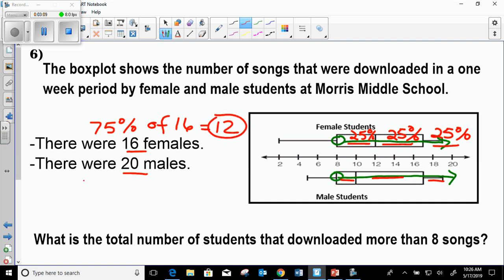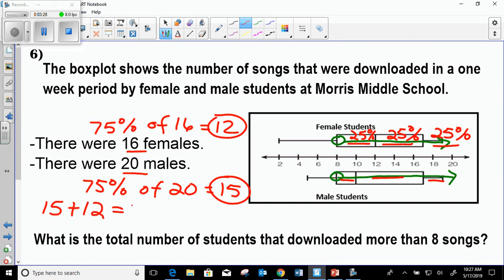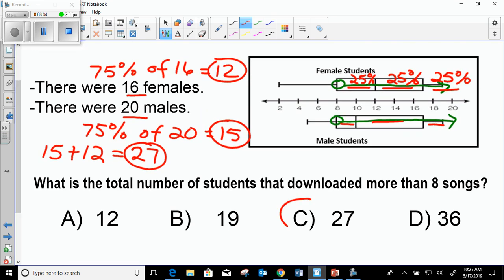And then you do the same thing for the males, which is 75% of 20 males, which is going to give you 15. And of course, they want to know the total number of students that downloaded. So you're going to add the 15 students plus the 12 students, and that gives you 27, which is C. So that one took a little bit more math.